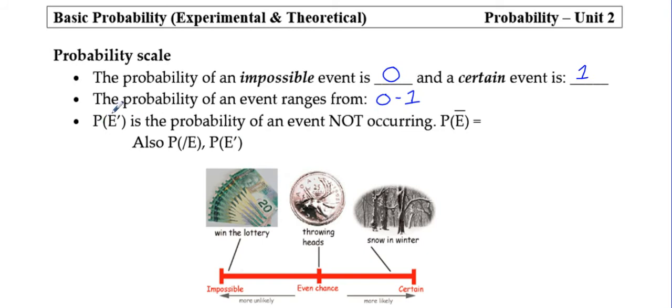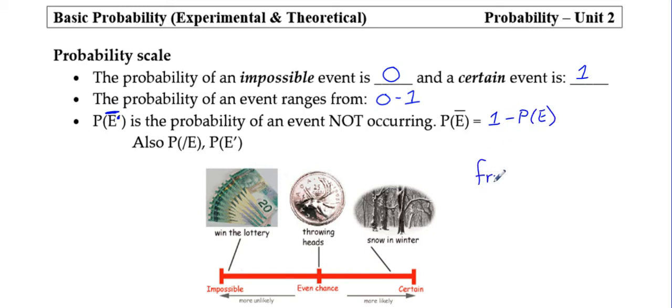So this should actually be, if that's not written in your course pack, just make that change. That should say line over top. So the probability of an event not occurring is 1 minus the probability of an event occurring.